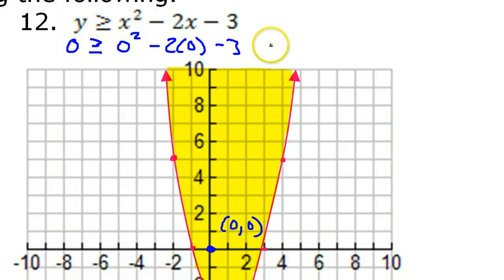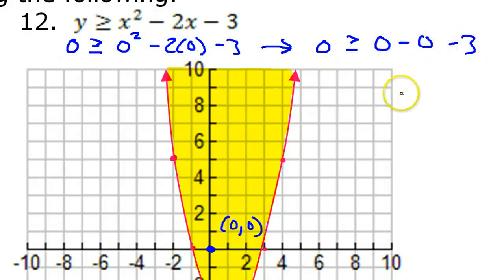Well, 0 squared is just 0, and 2 times 0 is just 0. All these zeros don't really matter when you're adding and subtracting, so this quickly becomes 0 is greater than or equal to negative 3.